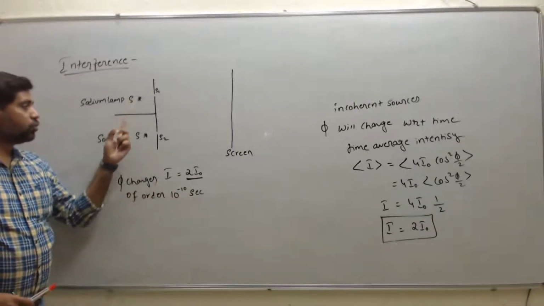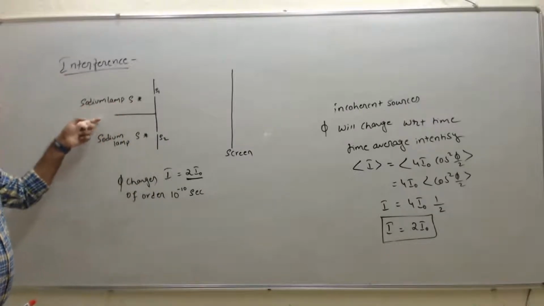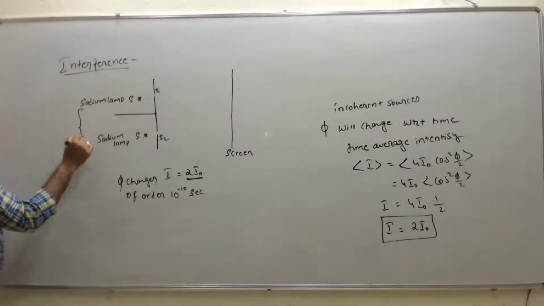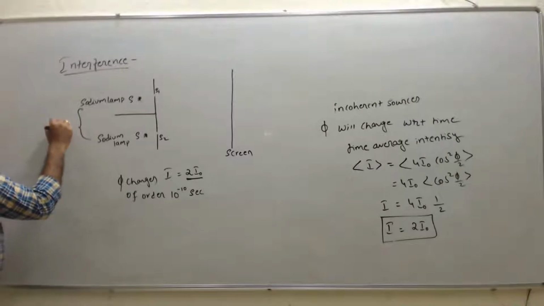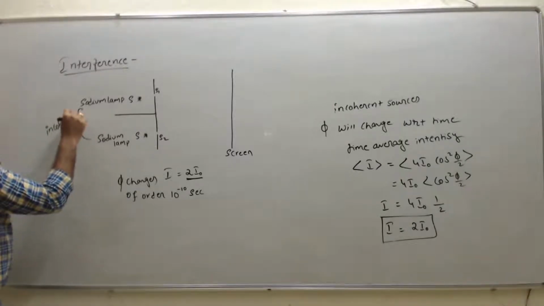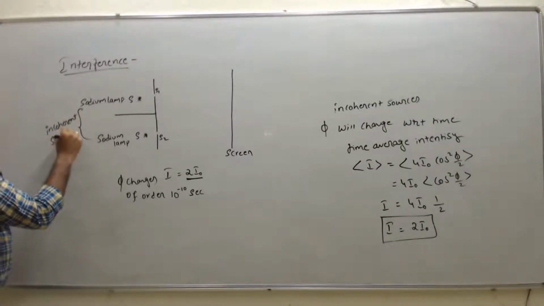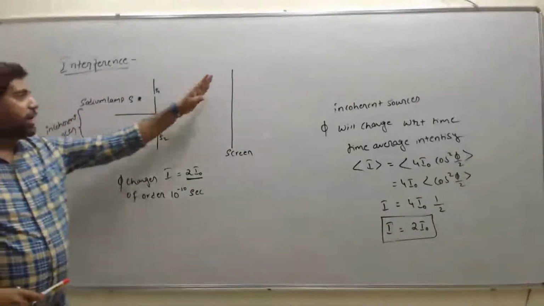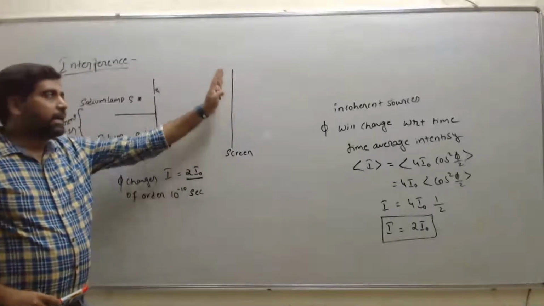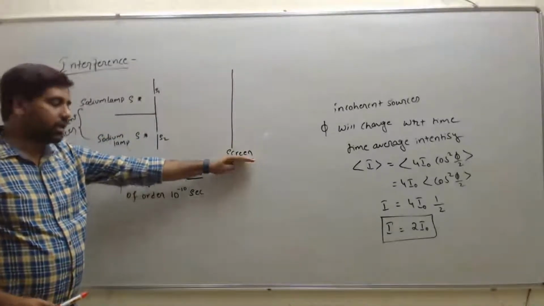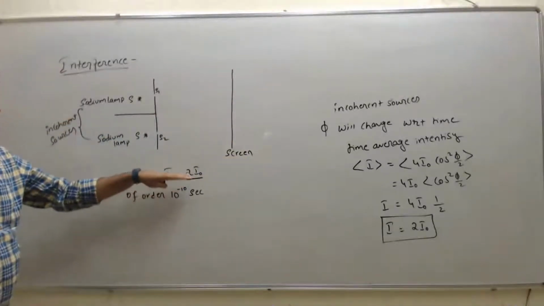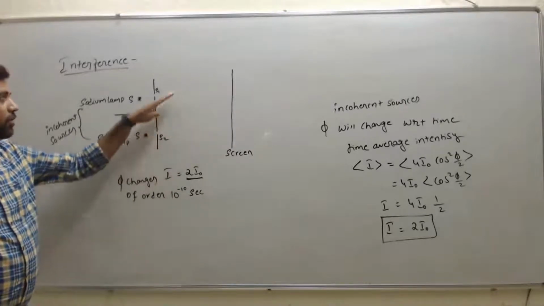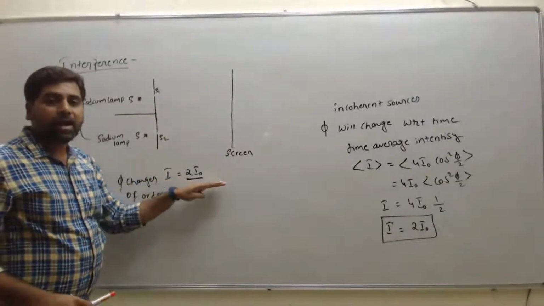Hence these two sodium lamp sources act as incoherent sources. That's the reason we are not getting any interference pattern on the screen, because the intensities coming from S1 and S2 are added up.